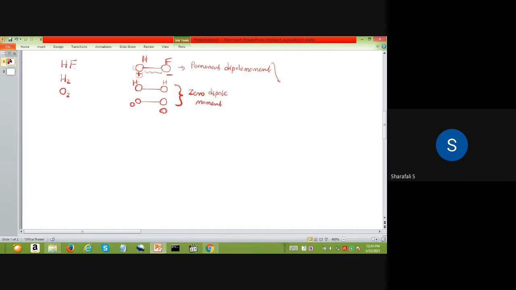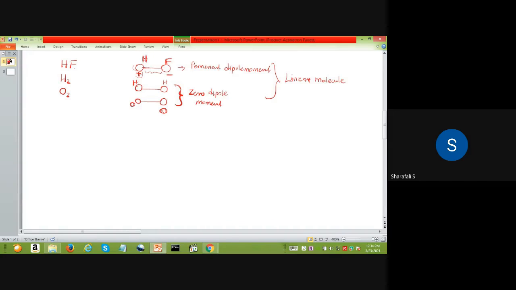All these are linear molecules. I'm not discussing those other complicated molecules; this is about linear molecules for understanding. We have a permanent dipole moment for hydrogen fluoride.